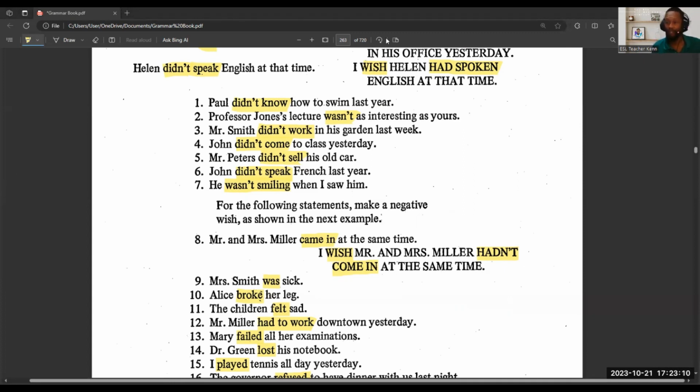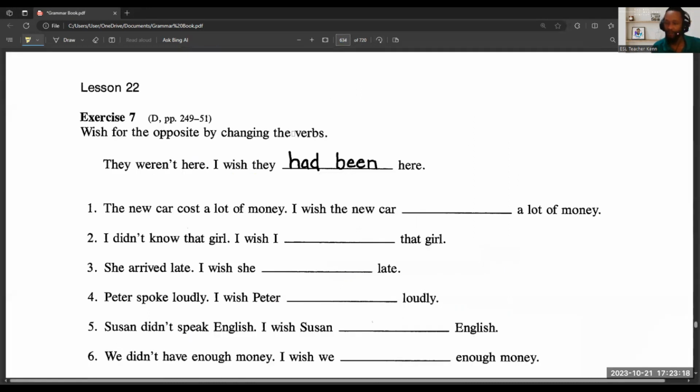If you are using the PDF, we are going to page 634, okay? Page 634 is lesson 22, exercise 7, and there you will practice wishing in past, okay?